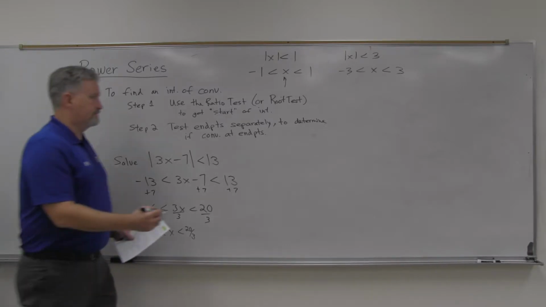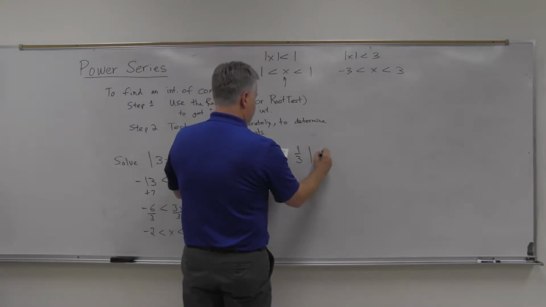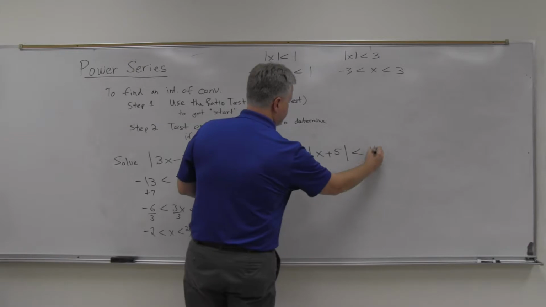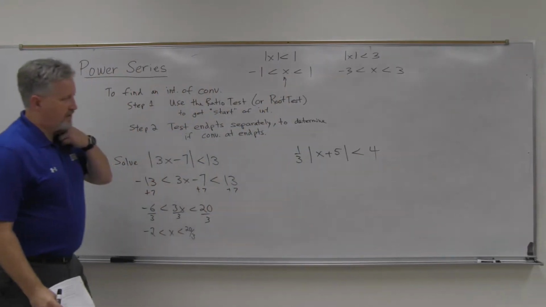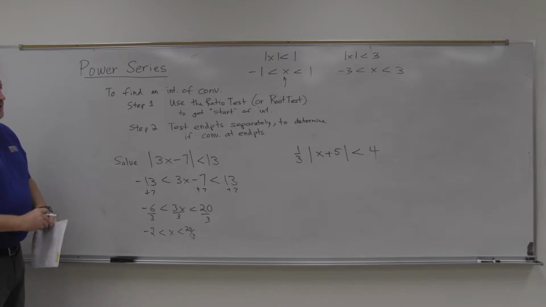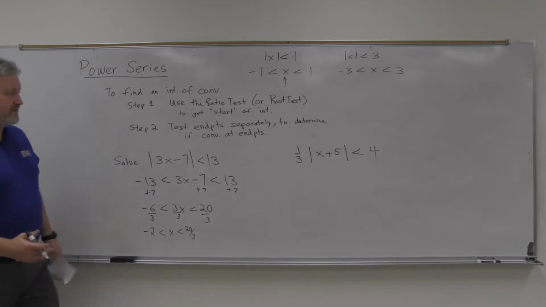Now if I have a number outside, multiplied by my absolute value, do the same thing.